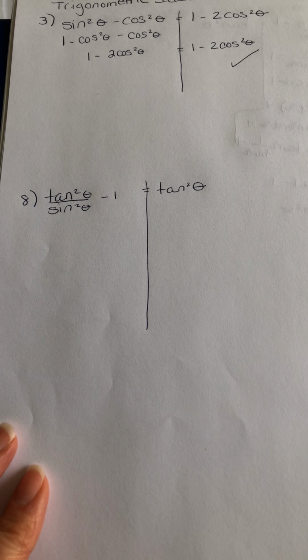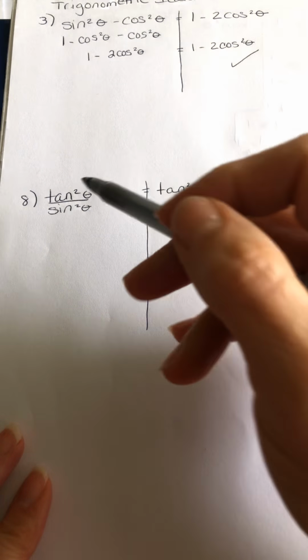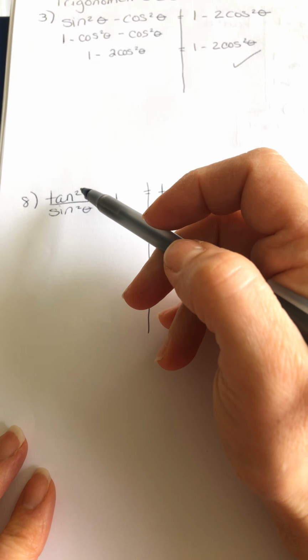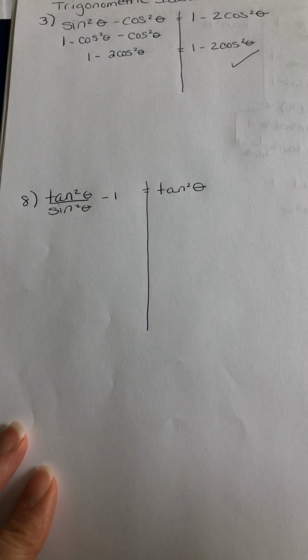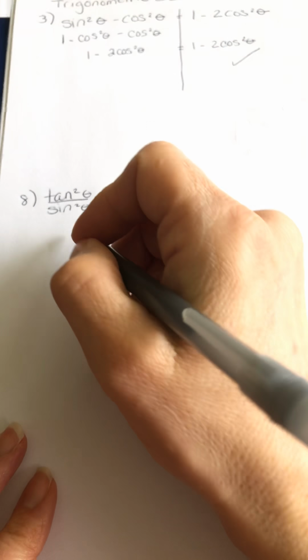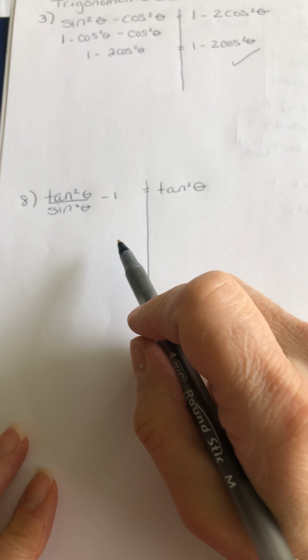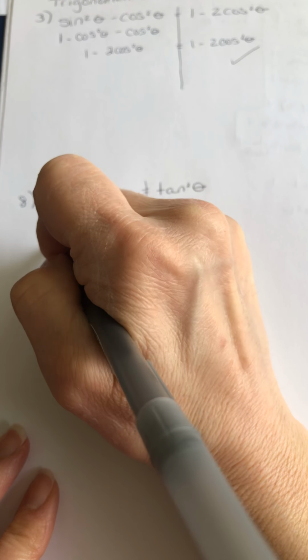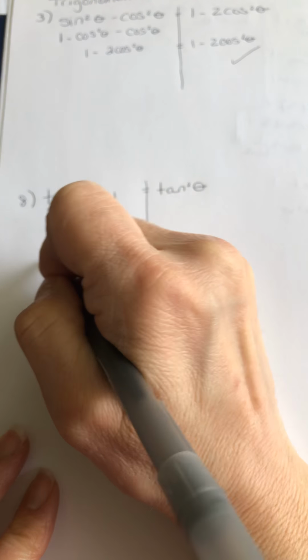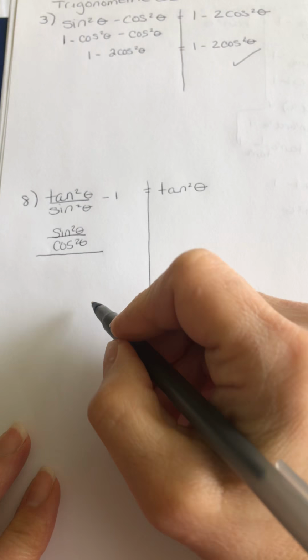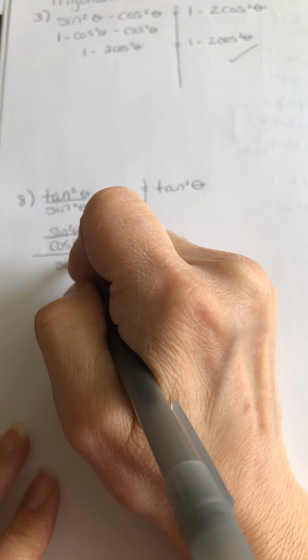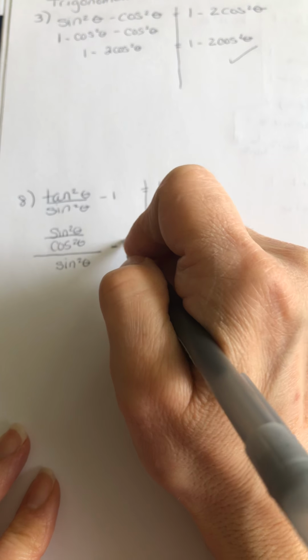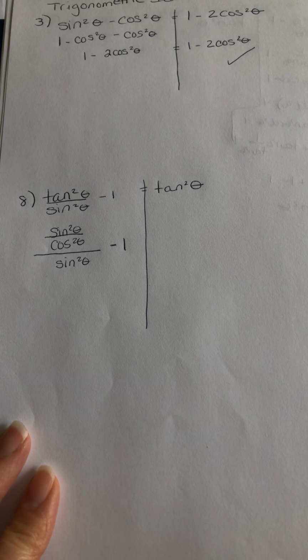Not everybody is going to do it the same way, but what I'm going to do is try to see if I can change this tangent into sines and cosines. So I know that tangent squared theta is the equivalent of sine squared theta over cosine squared theta. So I'm going to start with that, and all that is divided by sine squared theta. And then we have our minus 1 over here.